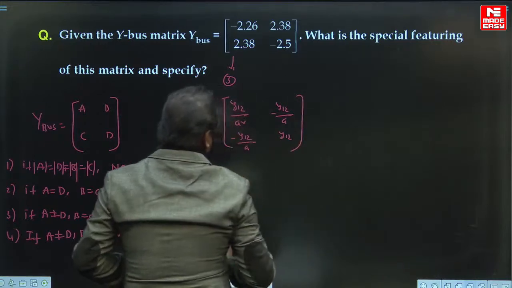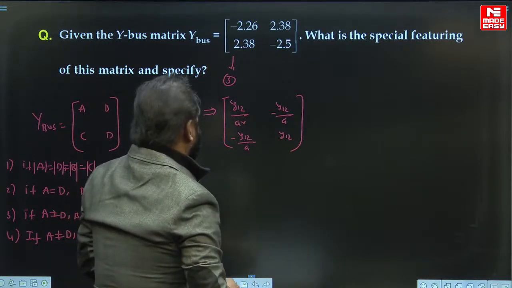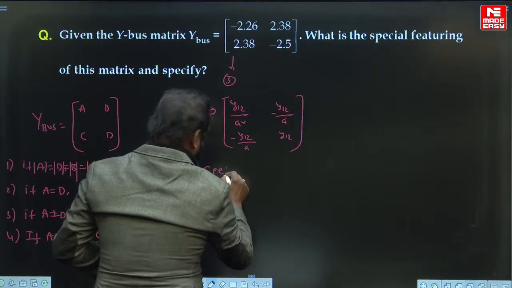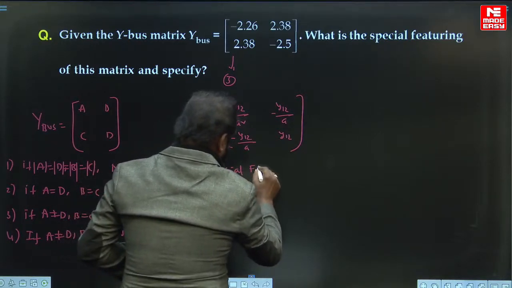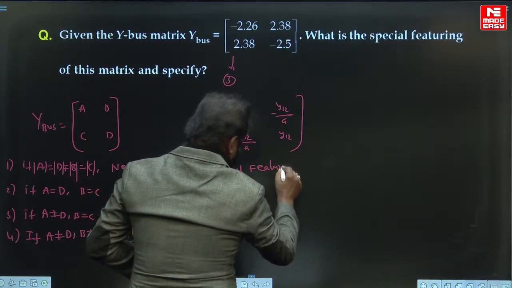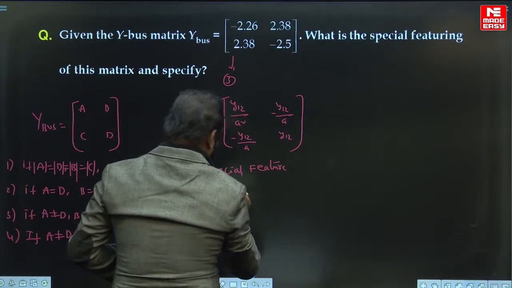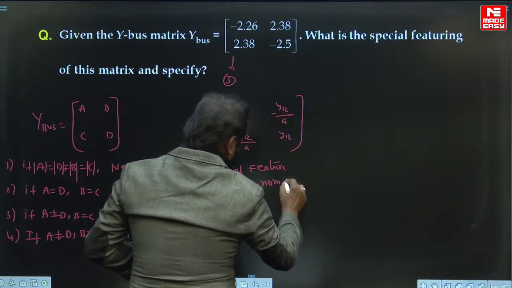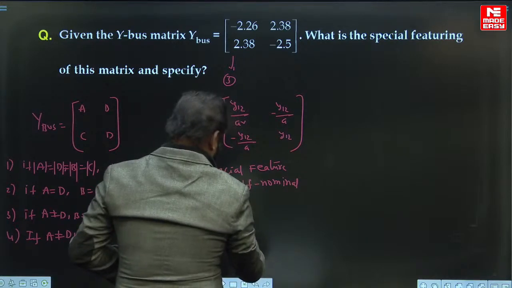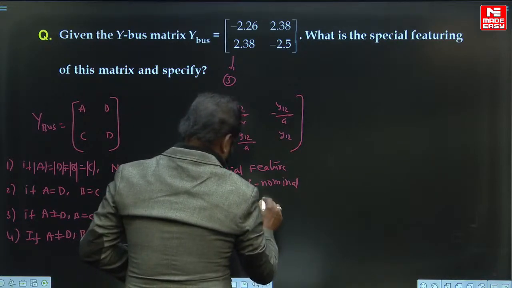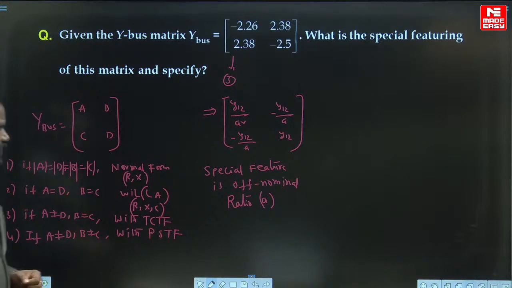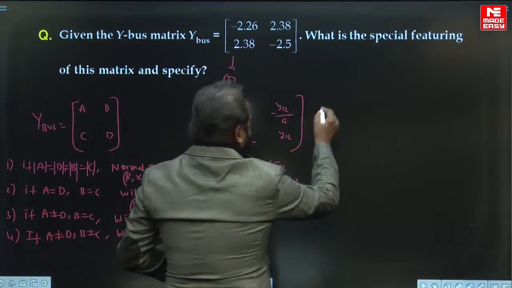So what is the special feature? It is the off nominal ratio. What is that? A. The special feature is the off nominal ratio A. So how do you get A?